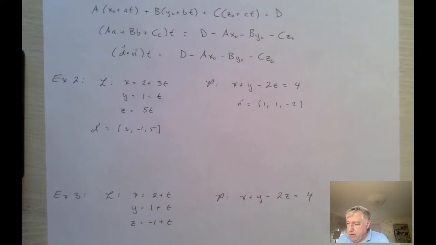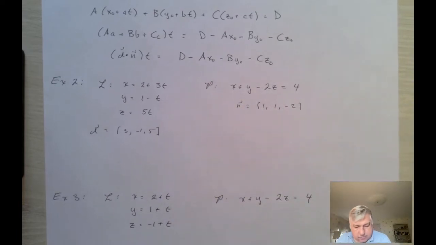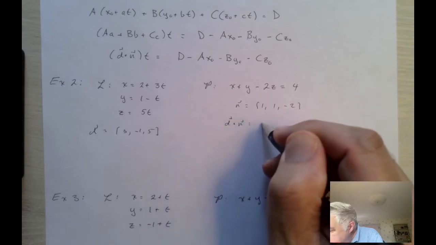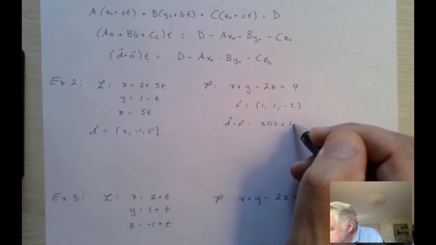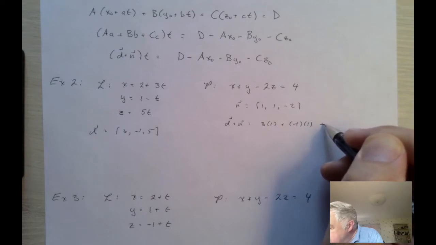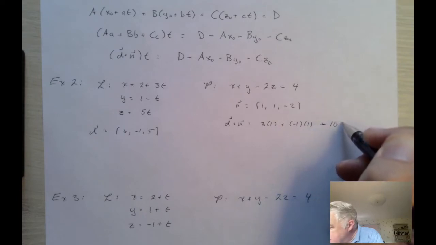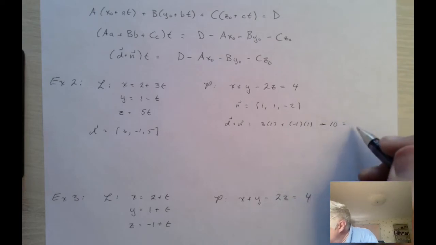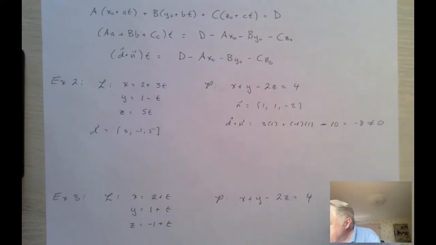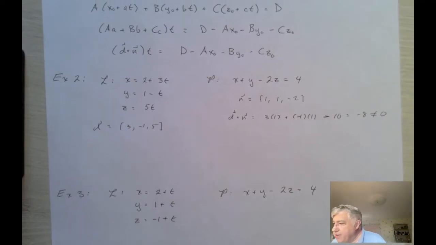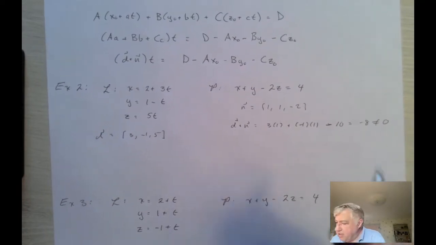Let's just check that this works. d dot n would be 3 times 1 plus negative 1 times 1 plus 5 times negative 2, so minus 10. That is going to be minus 8, which is not 0. So that means that there's exactly one point of intersection with the plane.